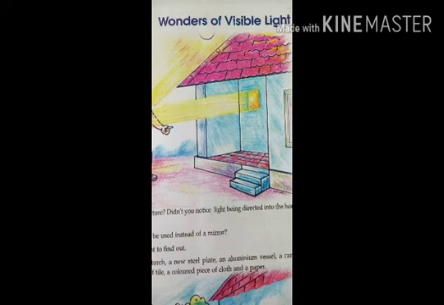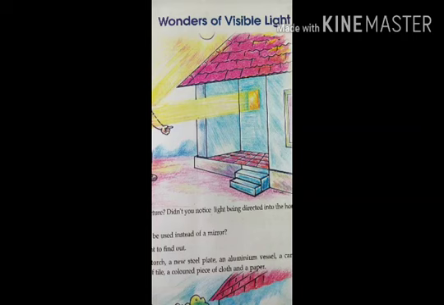Then, transparent objects allow the light to pass through it, while opaque objects reflect the light rays that fall on it. Next point, all opaque objects are not the same in reflecting light or light rays.